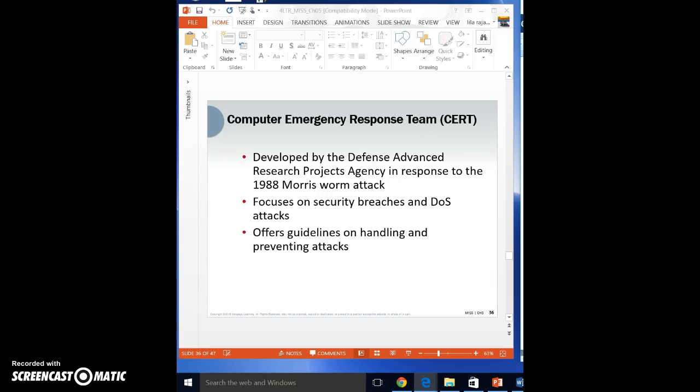Currently, the main focus is on denial of service attack breaches, but CERT also offers guidelines in order to prevent these incidents. CERT also conducts public awareness campaigns, researches internet security vulnerabilities, and explores different ways to improve security systems. Network administrators should check the CERT coordination center for updates on protecting their network and information resources.